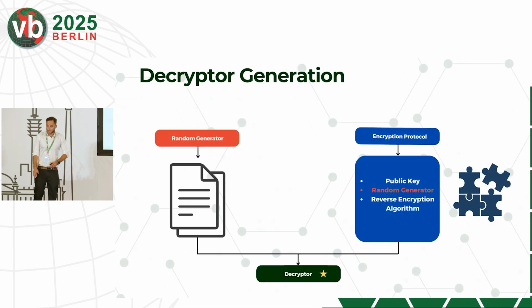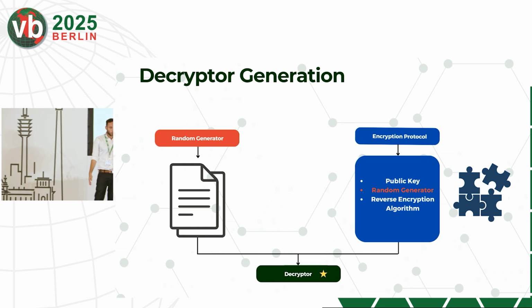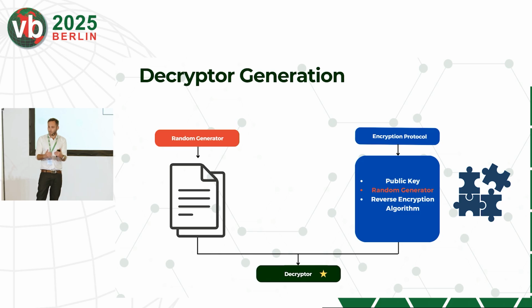So my POC, my research was, my theory was that if I can reverse engineer malware samples, find their encryption protocol, and then if I would also be able to have all the data from the random generators together, I could always decrypt all the samples, right? Because that's all I need. I need the encryption method. I need the random generator or the private key of the ransomware operator, but I didn't want to research that part. I don't think it's feasible.